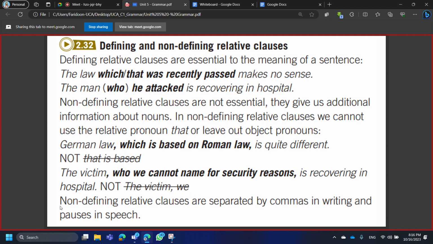And one little note at the end says that non-defining relative clauses are separated by commas. They're separated by commas in writing, and of course in speaking, we just separate them by pauses, like pauses of 0.2 seconds or 0.5 seconds based on your own natural speed. Okay, so we're done with slide number 1. Let's continue.